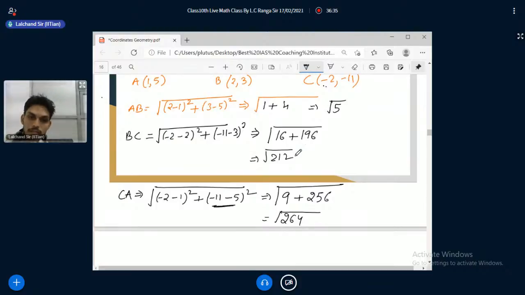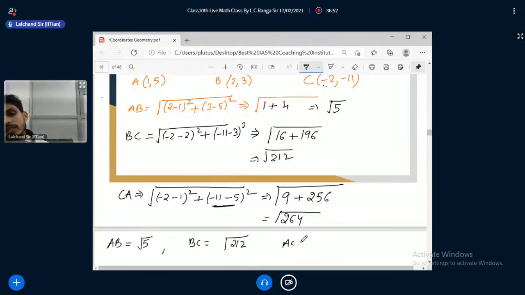Let us check. Here we have AB equal to root 5, then BC equal to root 212, and AC or CA equal to root 264.